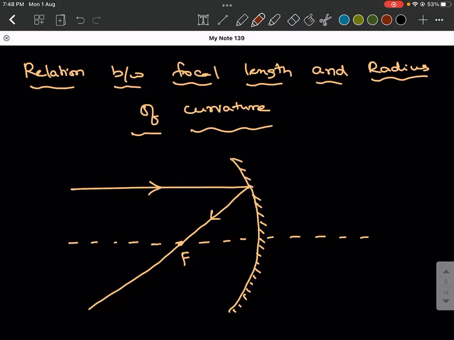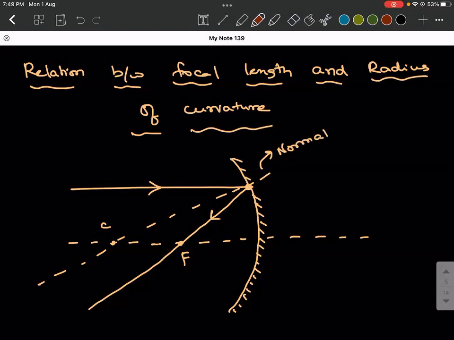So a ray parallel to the principal axis, after reflection, will pass through the focus, and you have the center of curvature here. Through the center of curvature and the point of incidence, I'm drawing a ray which is called the normal, obviously.